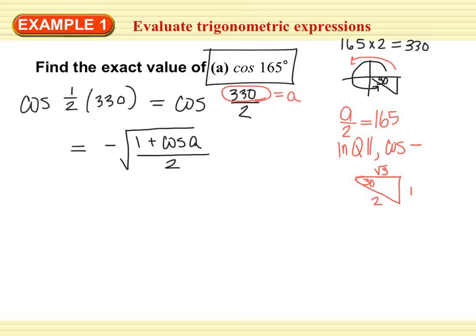So if I use that in this equation, I have 1 plus cosine A, which is adjacent over hypotenuse, so square root 3 over 2, all over 2. And this should go down just a little bit.